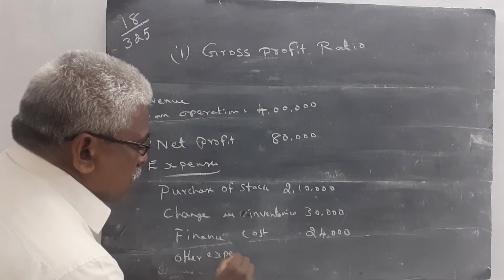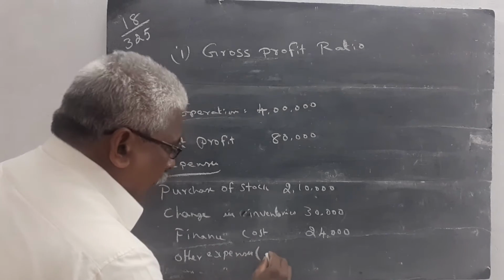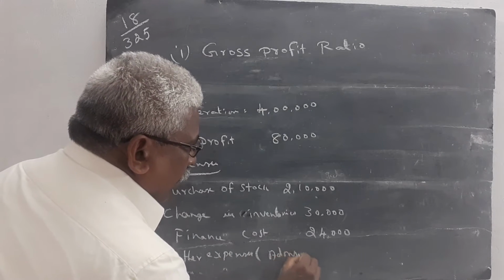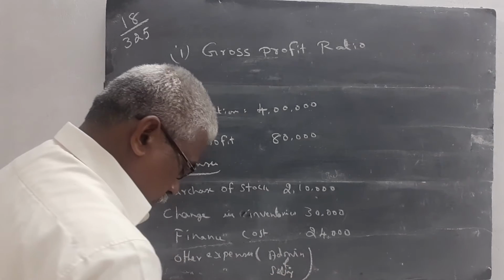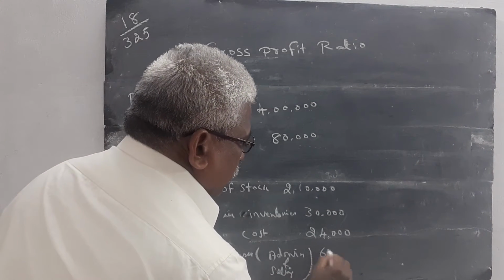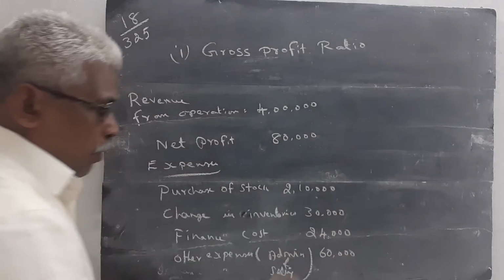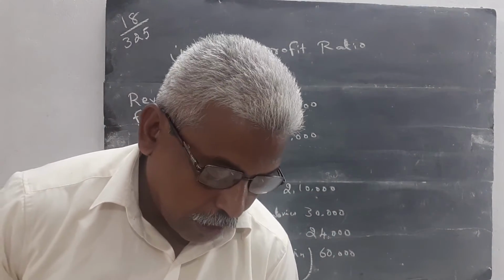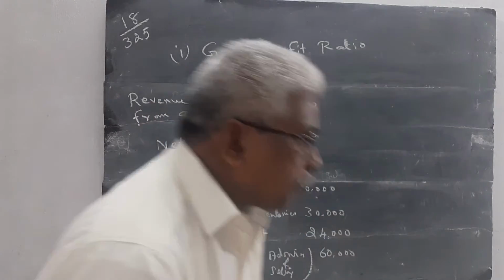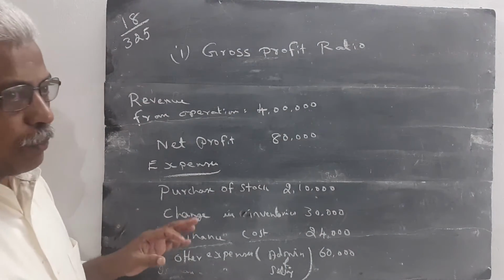Other expenses include administration and selling expenses, rupees 60,000.